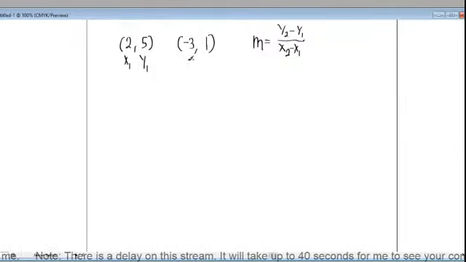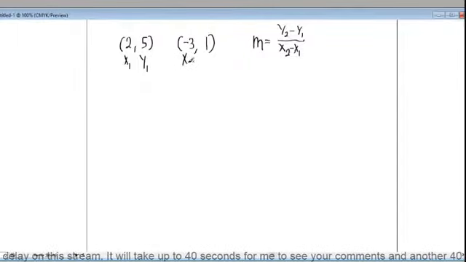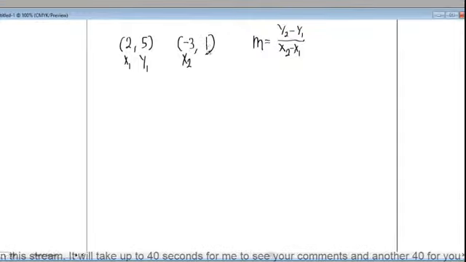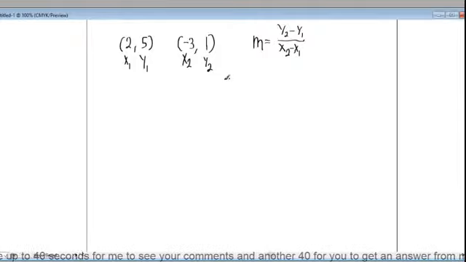That means that this is our x2. And this is our y2. Okay. So now all we need to do is plug these points into our formula and then get our answer for our slope.